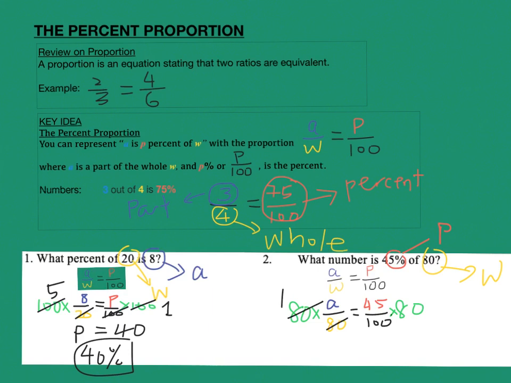And 80 and 100 are divisible by 20, so you get 4 over 5. And 45 is divisible by 5 to get you 9. Therefore, you end up with A is equal to 9 times 4, that is 36. So 36 is 45% of 80.